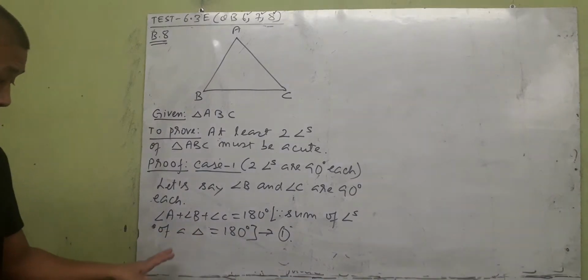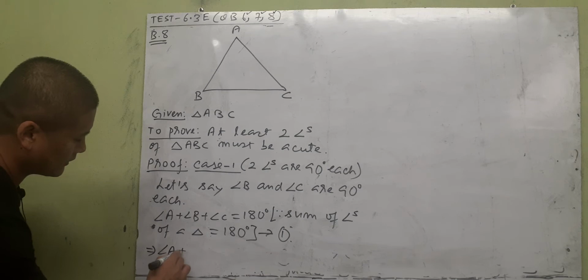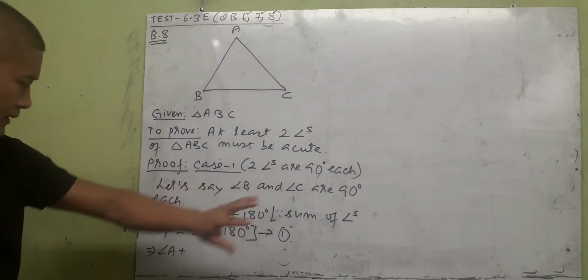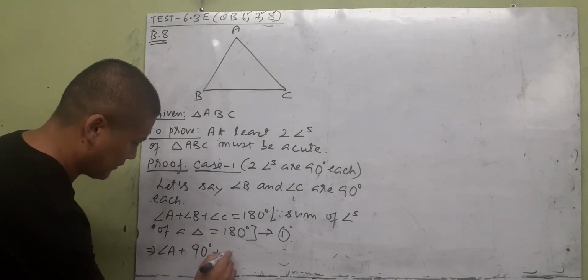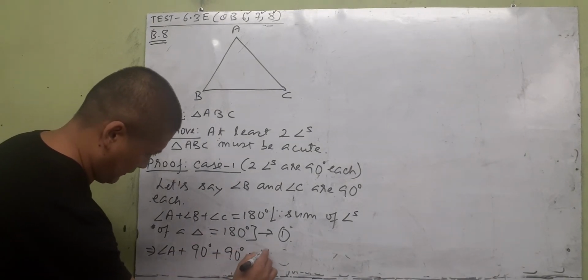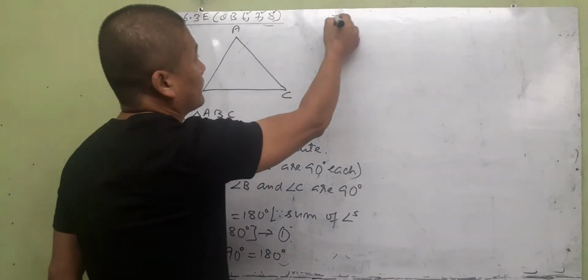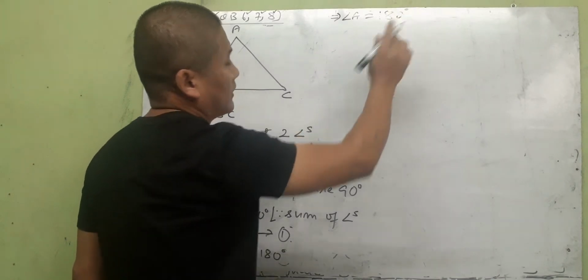Let's just keep this as equation 1 and then proceed. Angle A just as it is, and our case 1 assumption, B is 90, C is 90. So 90 plus C also 90.